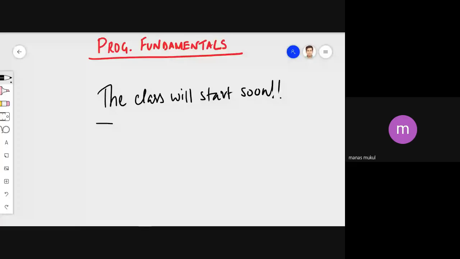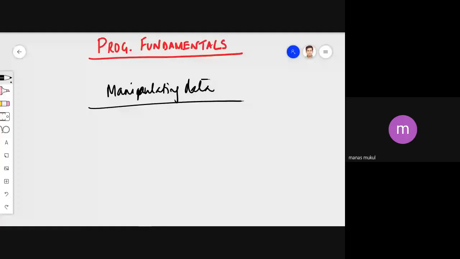Okay, fine. So what we're going to do now is start looking at how to manipulate data. I hope everybody is able to see my screen clearly. When I talk about manipulating data, I'm talking about operators. What exactly are operators?